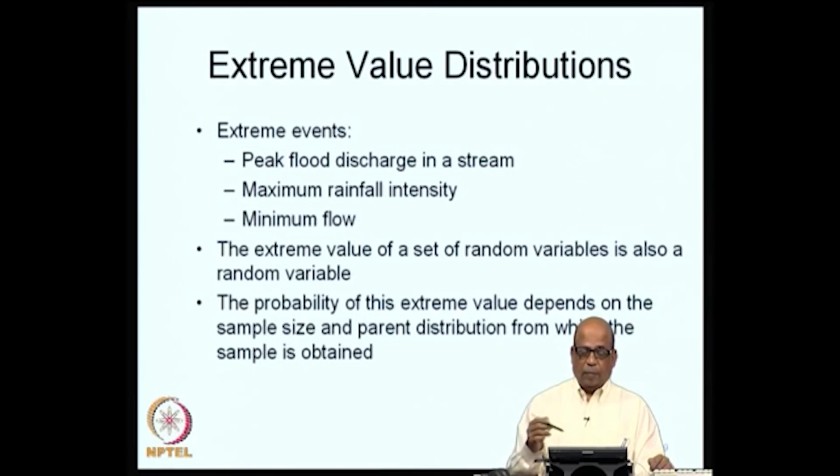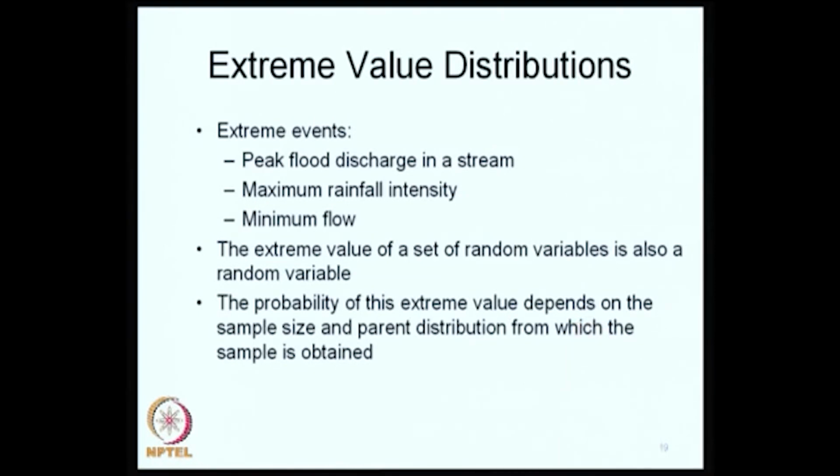So, the maximum value that we are talking about depends on the sample, in fact both on the sample size as well as on the distribution from which the sample is obtained. So, the probability of the extreme value depends on the sample size and the parent distribution from which the sample itself is obtained.